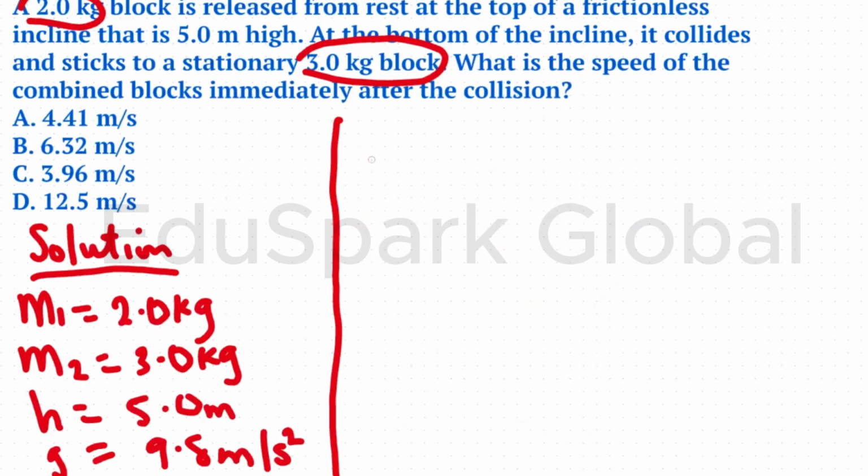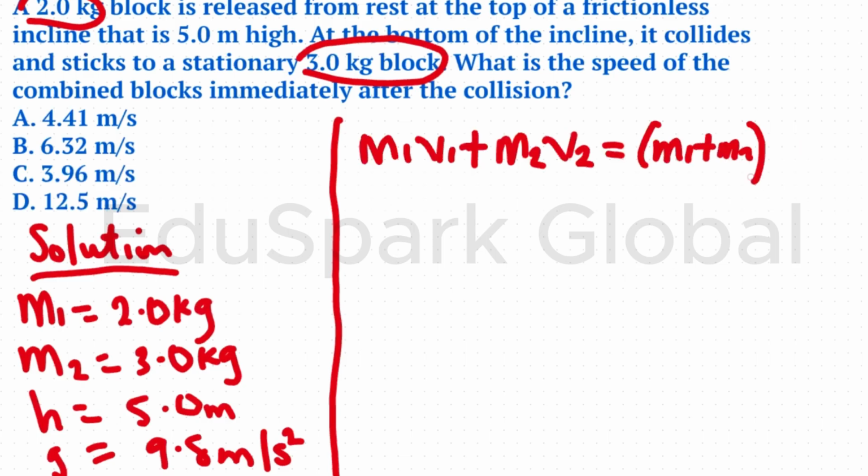Since the blocks stick together, it means that the collision is perfectly inelastic. Take note of that. Since the blocks stick together, the collision is perfectly inelastic. So if the collision is perfectly inelastic, it means that m1 v1 plus m2 v2 equals m1 plus m2 multiplied by v.